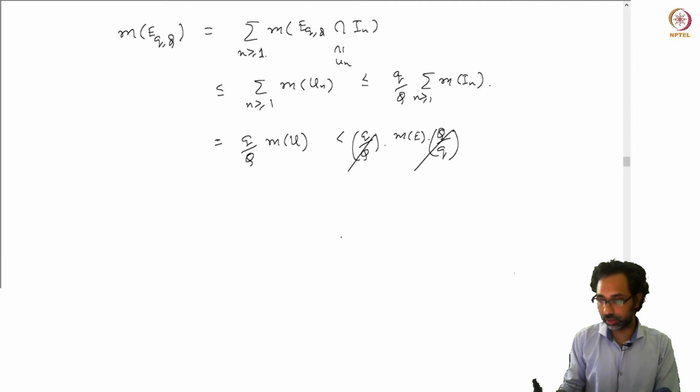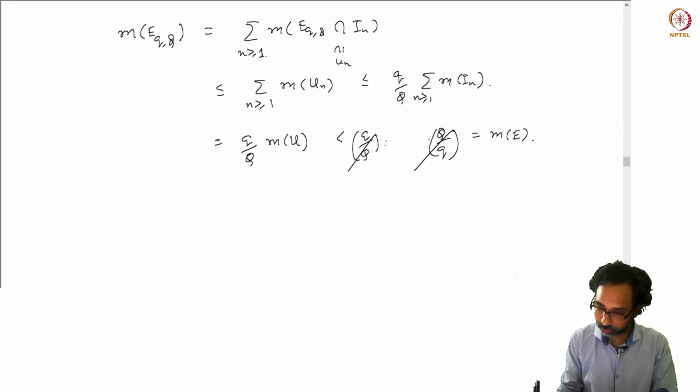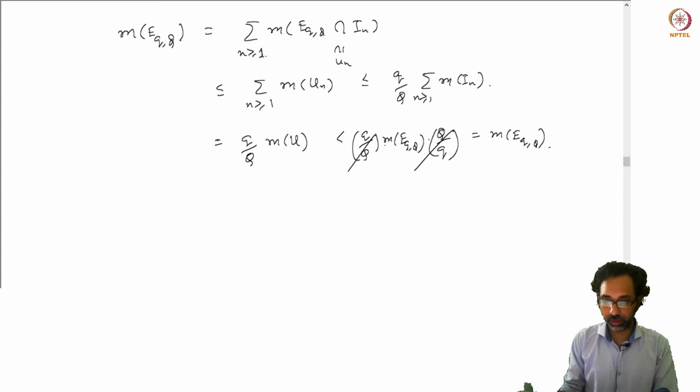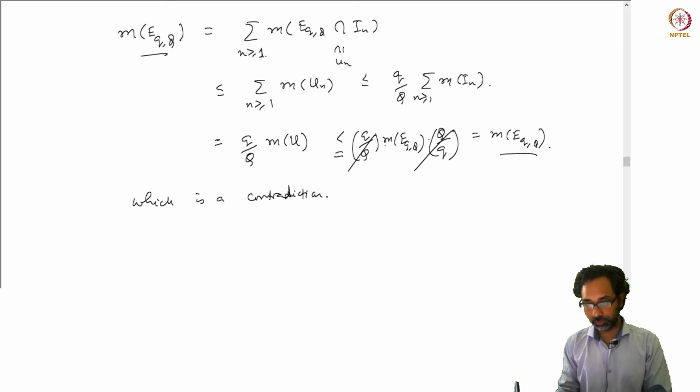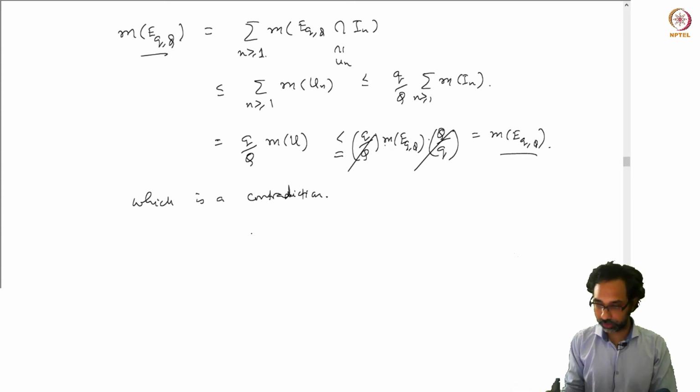So this cancels out, and so you just get m of E, so m of E_{q,Q}, here also m of E_{q,Q}, and so they have a strict inequality between m of E_{q,Q} and m of E_{q,Q}, which is a contradiction, which proves the result.